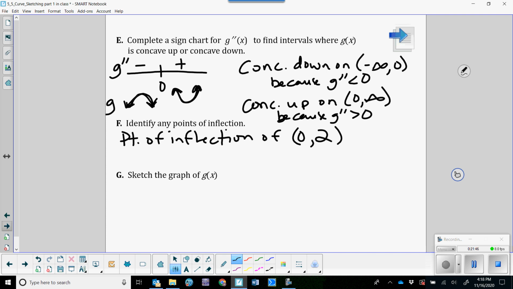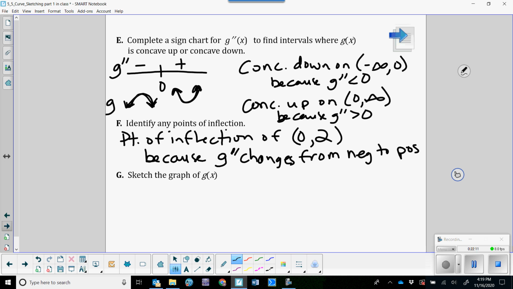So I have a point of inflection at 0, 2. And the reason it's a point of inflection is because G double prime changes from negative to positive. Or you could say G changes from concave down to concave up.